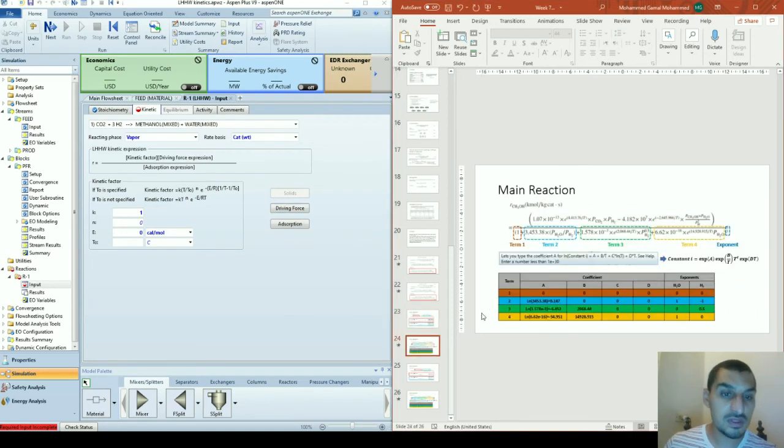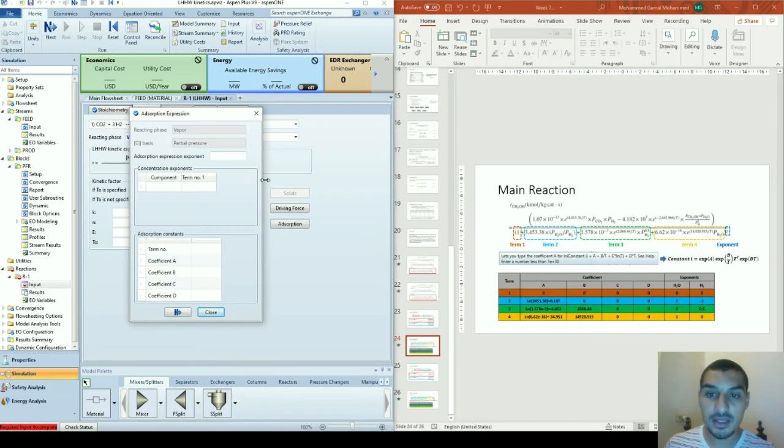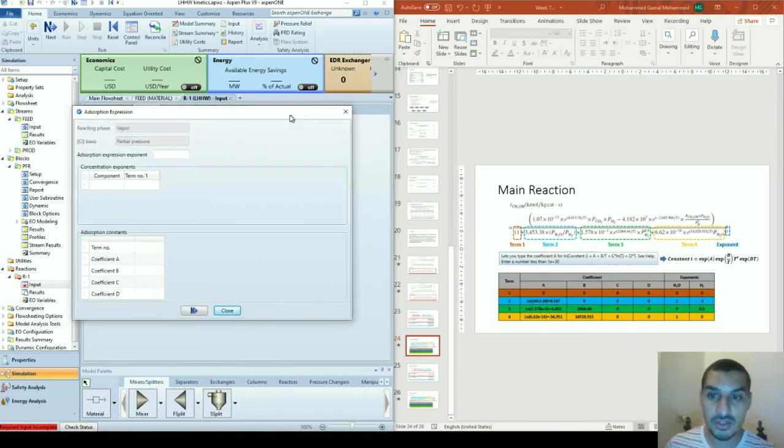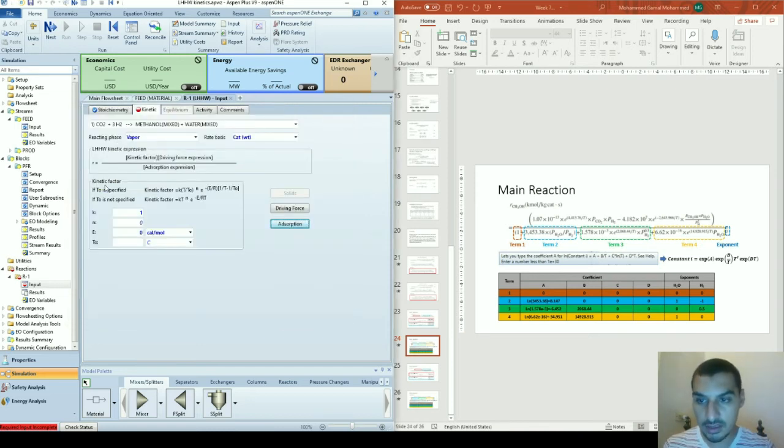Now let's go to the second part, which is the adsorption. I'm still working with the main reaction, so I'm gonna go for the adsorption term and try to match what we have here with what we have here. For the concentration exponents, which are these partial pressures raised to powers, I have only water and hydrogen. This is hydrogen. This is water.